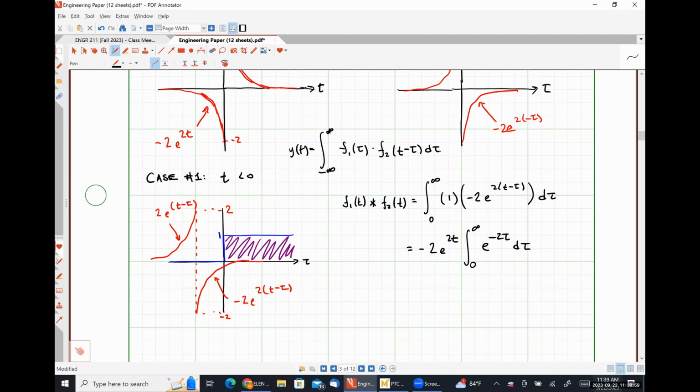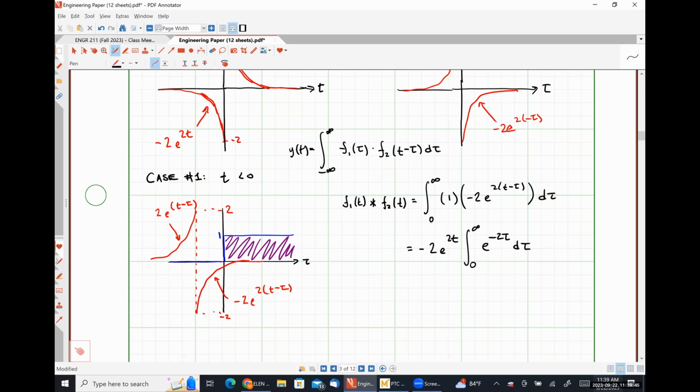So my integral here is going to be multiplying these two equations, f1 of tau and f2 of t minus tau. I'm setting my limits of integration to be from 0 out to infinity, because I know that this part right here multiplied by this 0 is just going to look like a 0. This part right here multiplied by this 0 is just going to look like this 0. It's not until I get to t equal to 0 and greater that the product of f1 of tau and f2 of t minus tau actually has a non-zero value.